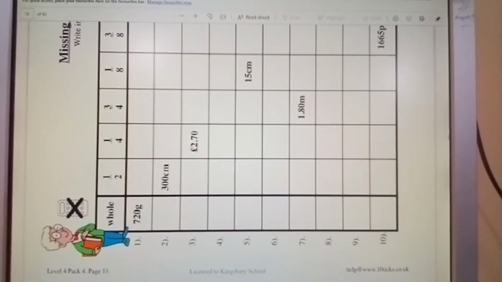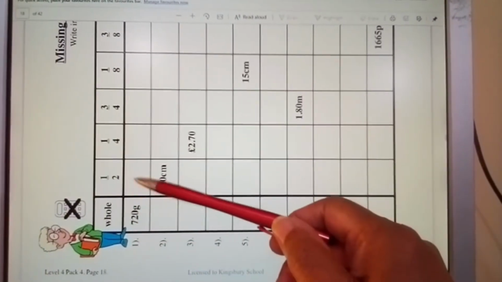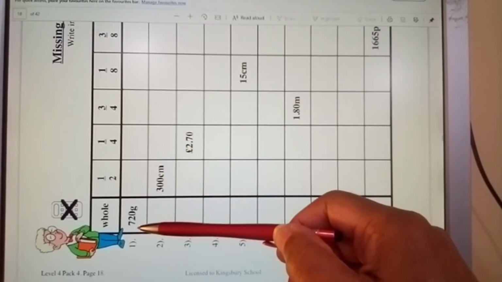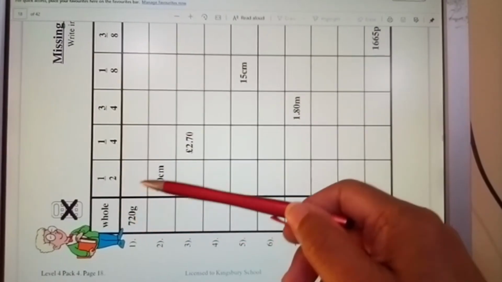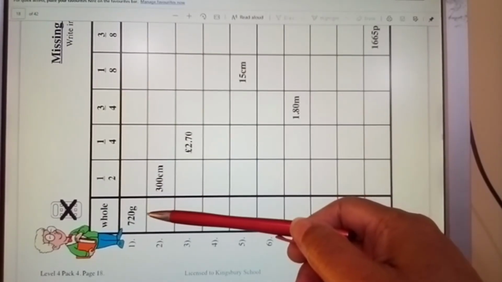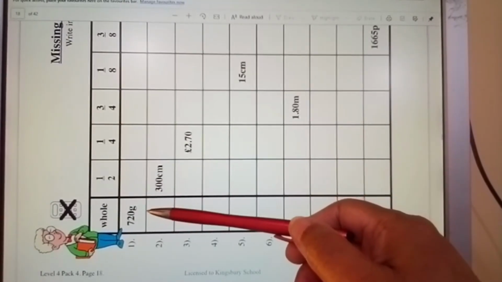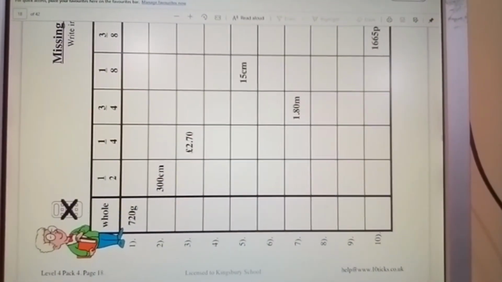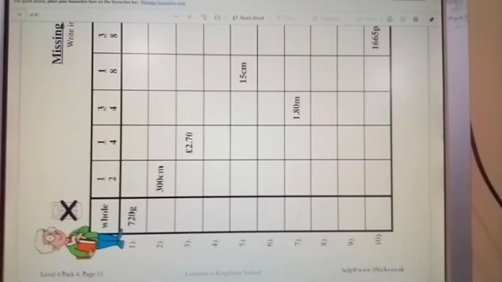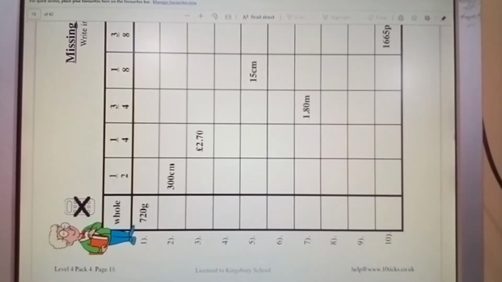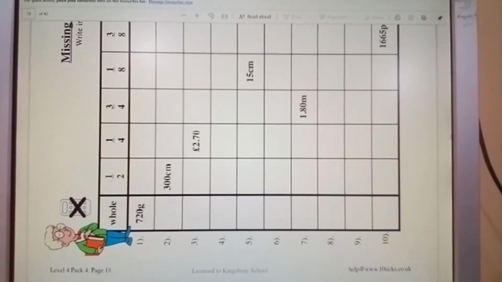So here we will be looking at what is half of 720. Obviously that would be, tell me, I'm waiting, 350 plus 10, 360. Okay. So that would be 360 grams in that case.